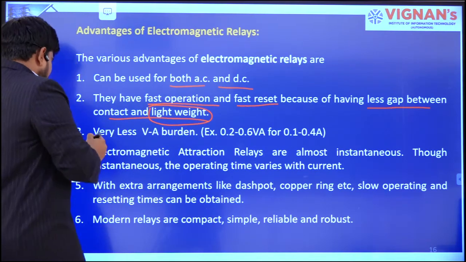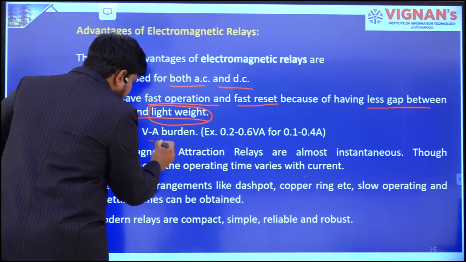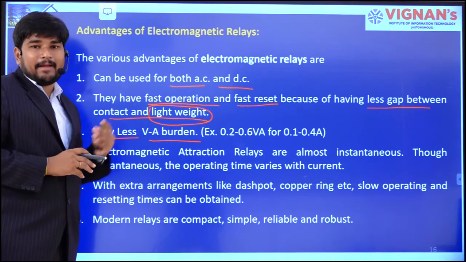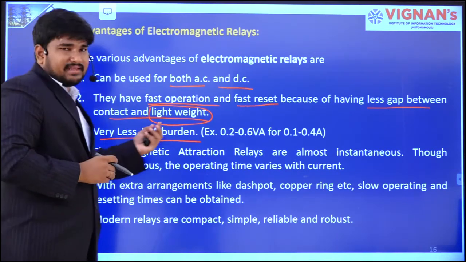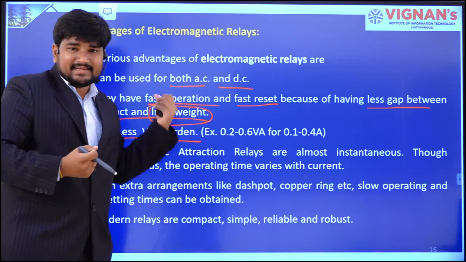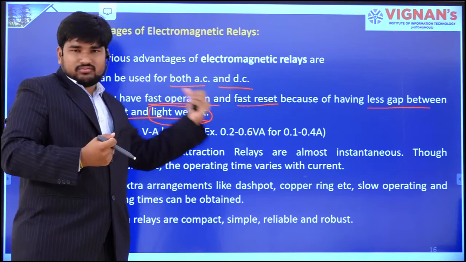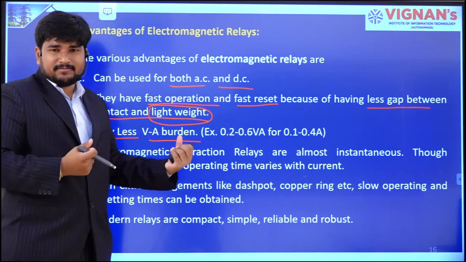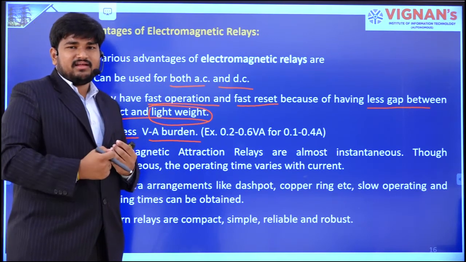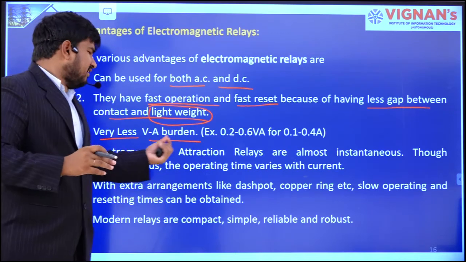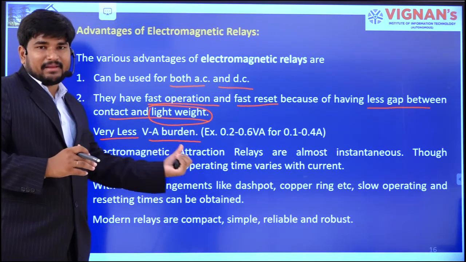And it has very less VA burden, very less volt ampere burden. Volt ampere burden, in the sense, is the additional power consumed by the relay to operate. So this is the amount of power that is consumed by any equipment to operate. We call it the burden, volt ampere burden.